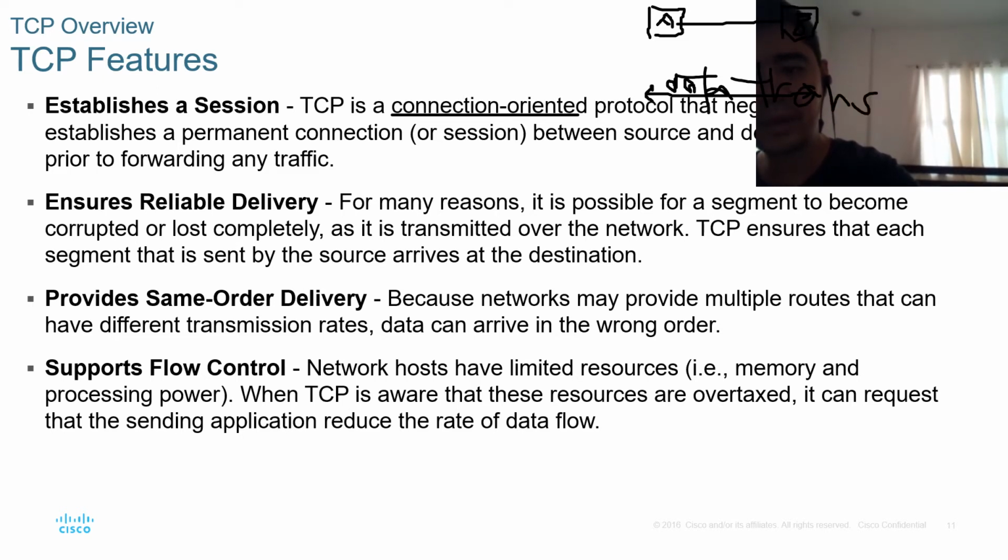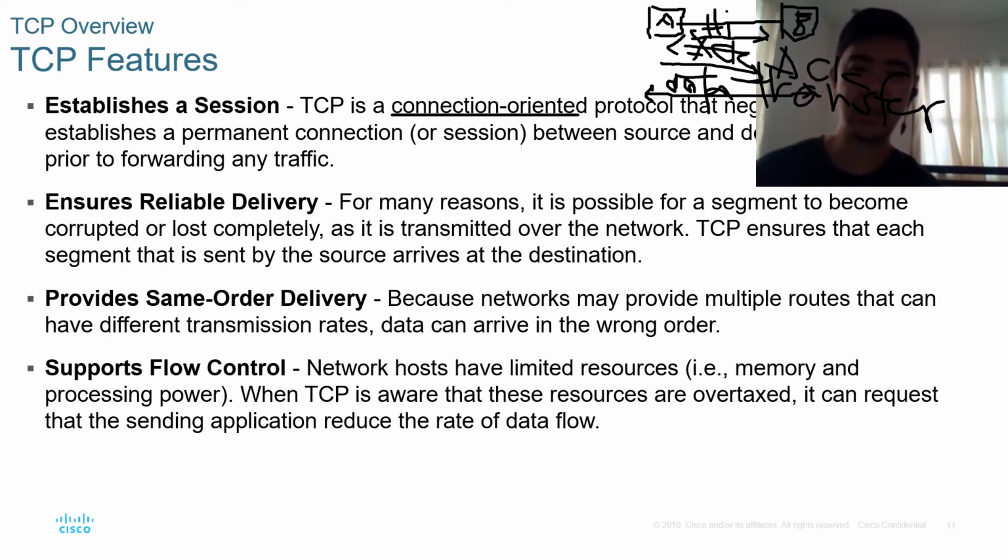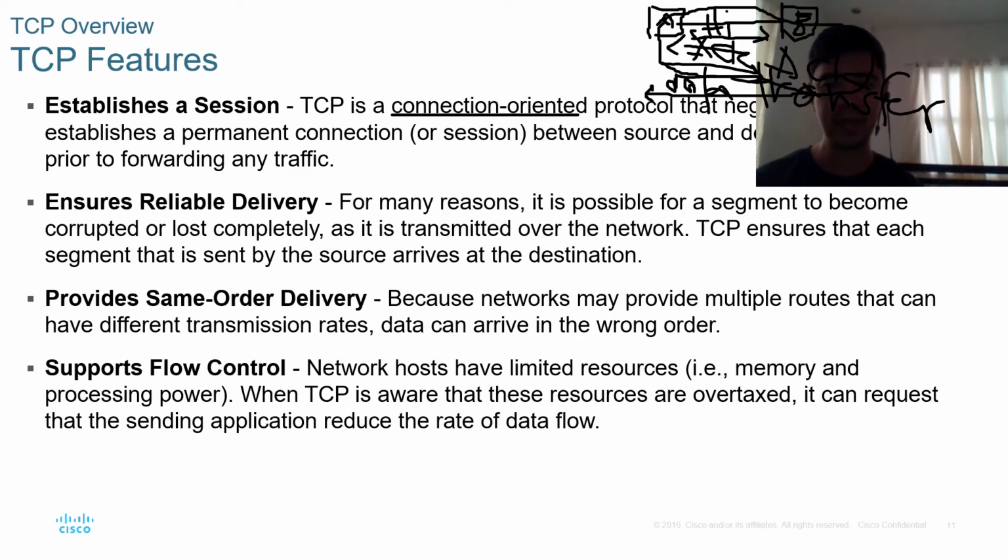So before data transfer, what TCP will do is first establish a connection. It will send first a hi, and after the hi, it will send an acknowledgement, and then it will be acknowledged again, ACK. That's what we mean by establishing a connection. Before the data transfer, it first says hi, and then acknowledge, and then acknowledge. Just like us, right? Just like us.